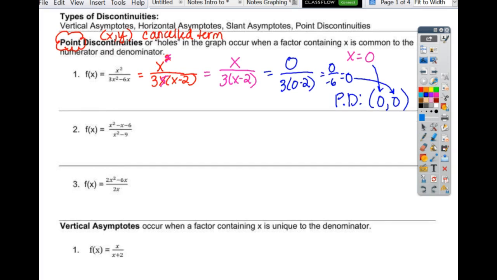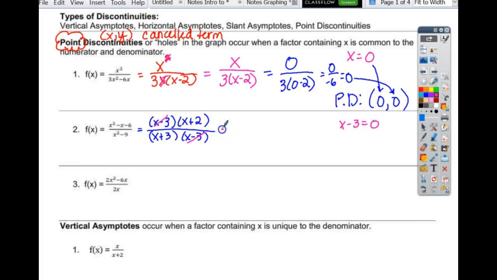So for number 2, if I factor on top and factor on bottom, does anything cancel? The x minus 3 cancels. So I'm going to set that equal to 0. That's my canceled term, and that goes equal to 0.